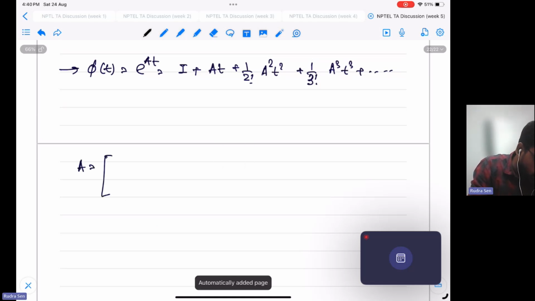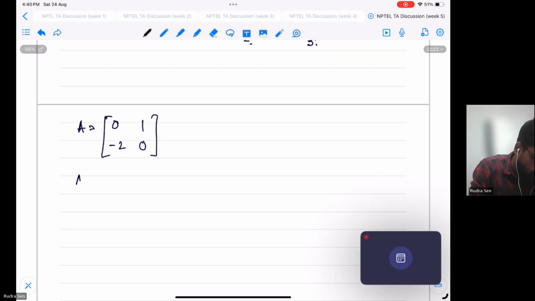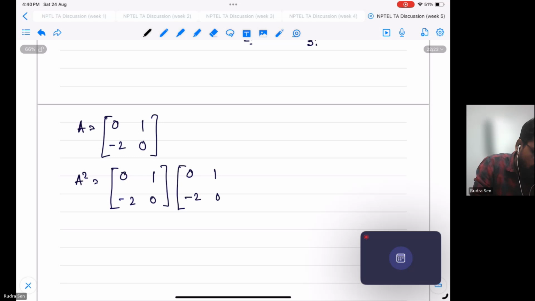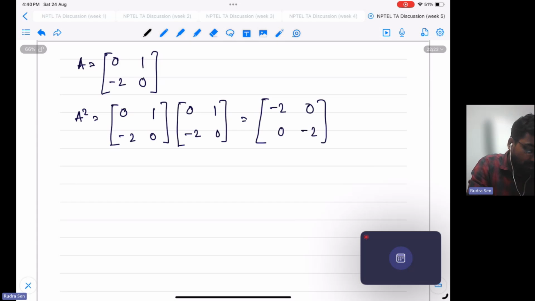Now here A is equal to [0, 1; -2, 0]. Now A squared equals [0, 1; -2, 0] multiplied twice. It's [-2, 0; 0, -2].